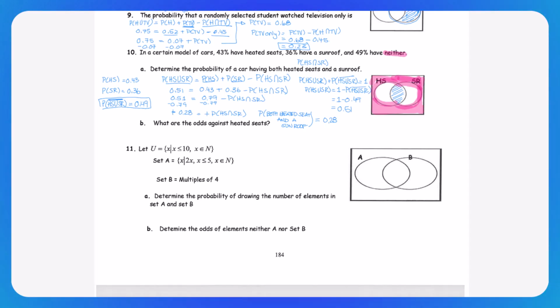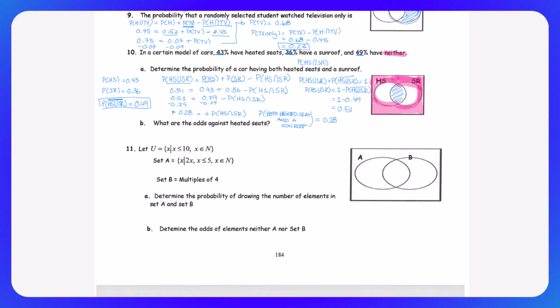All right. Now it's saying, what are the odds against heated seats? Well, let's assume that this was out of 100. So the odds against heated seats, if we assume that the total was 100, would make these things out of 100, which would just give them 43% of 100 is 43 and so forth.